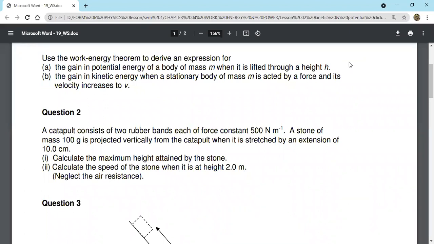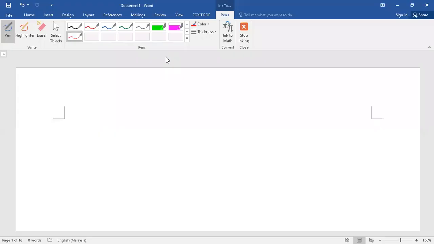That means mgh. Another one: the gain in kinetic energy when a stationary body of mass m is acted on by a force and its velocity increases to v. Let's move to question 1.